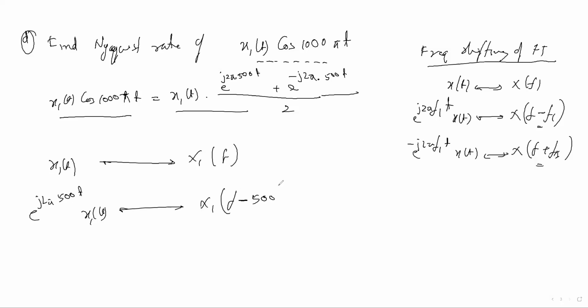Similarly, x1(t) e to the power minus j 2 pi 500 t gives x1 of f plus 500.